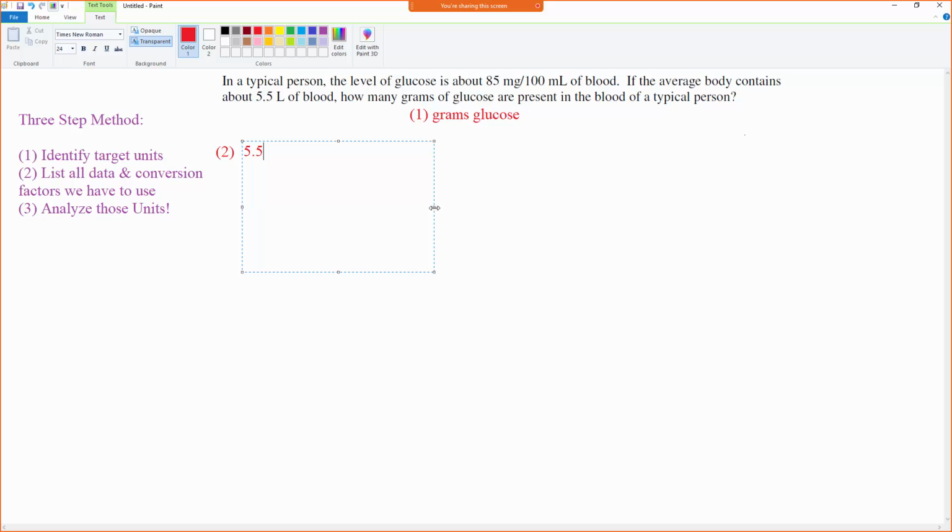Got 5.5 liters blood, good. 85 milligrams of glucose in every 100 milliliters blood. Again, I took this milligrams per milliliter and I turned it into this equivalency here. I can use it however I like.